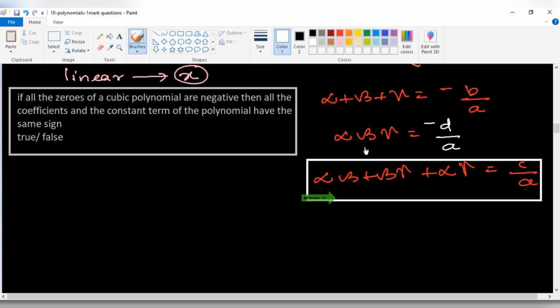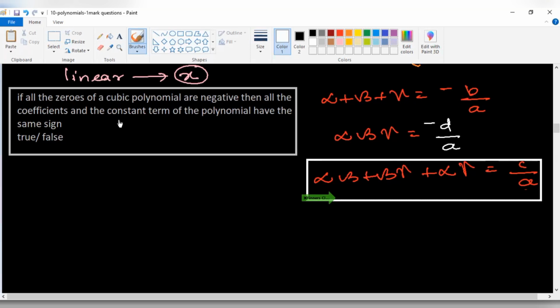See here, in this expression alpha, beta, gamma, if all three of them are negative, three negative numbers when multiplied will give a negative number, right? So here also, when all of them are negative, of course it will be a negative number.